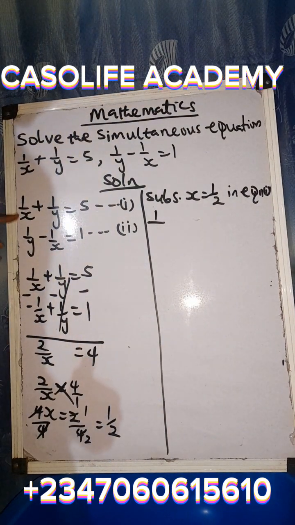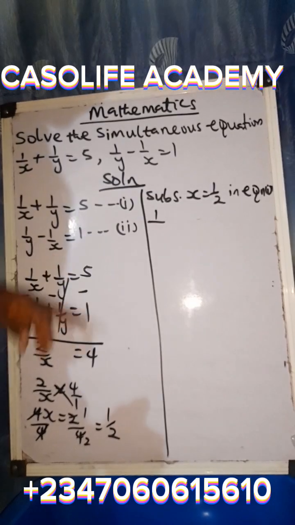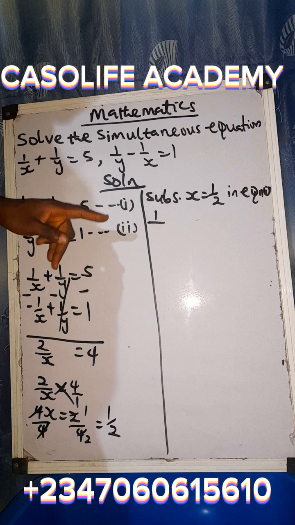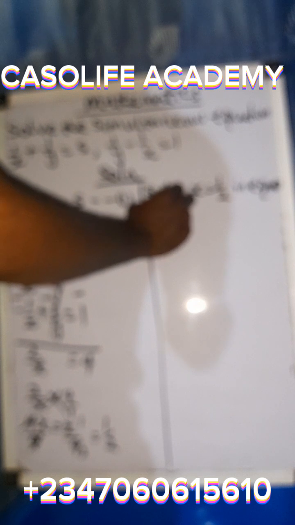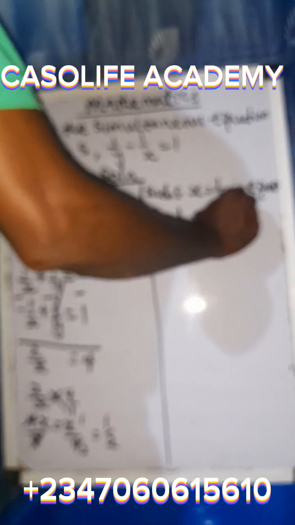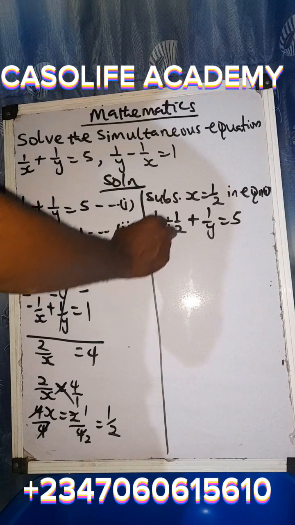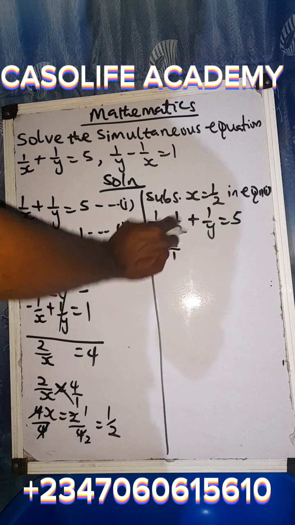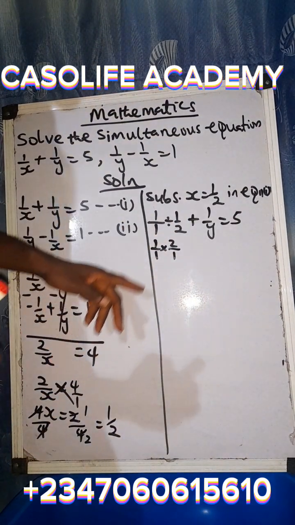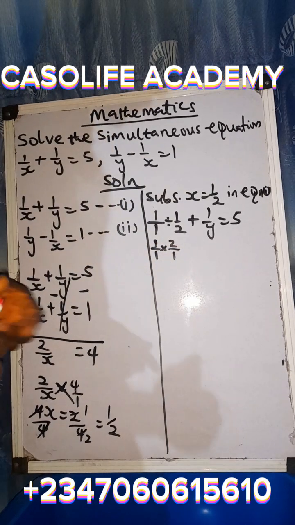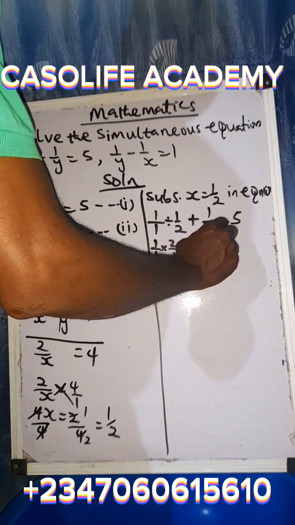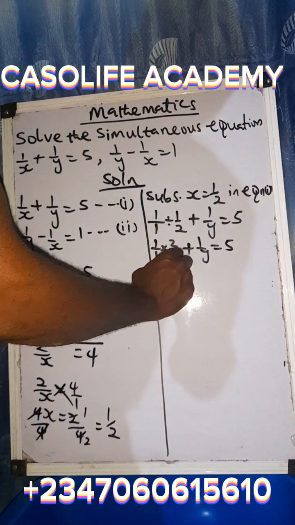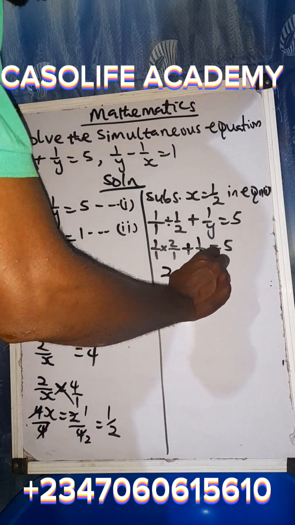But we know this is the inverse of x, so when there is another 1 over, it simply means 2. It's just like saying 1 divided by 1 over 2, plus 1 over y equals 5. When the division sign changes to multiplication, the denominator becomes the numerator and the numerator becomes the denominator. So we now have 2 plus 1 over y equals 5.